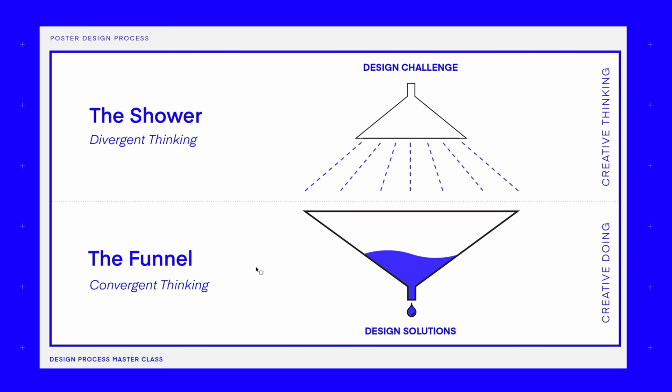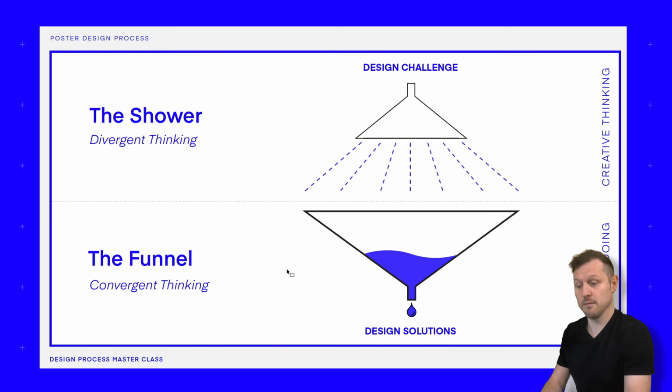Convergent thought is like the funnel, where we capture all the creative thinking and ideas and channel them down to identify the best potential solutions. These two thinking processes go hand in hand and will be required multiple times throughout the course of a project. Now, what makes a good designer is harnessing the power of these two thinking processes and striking a good balance. And finding a good balance will help generate results swiftly.